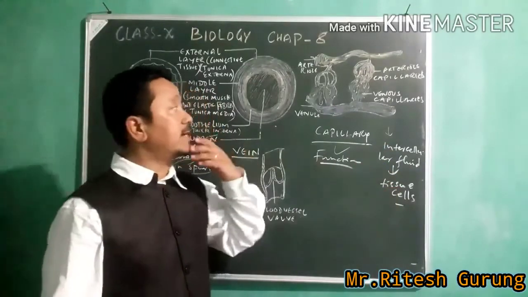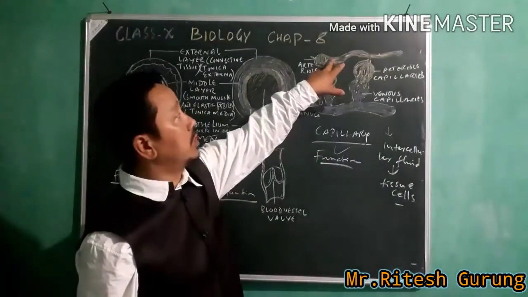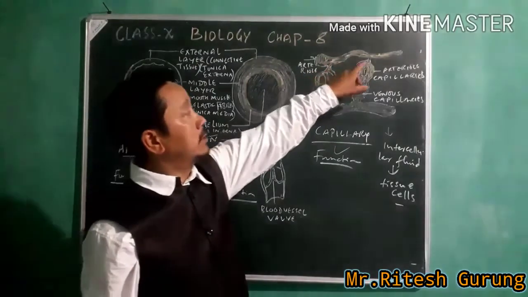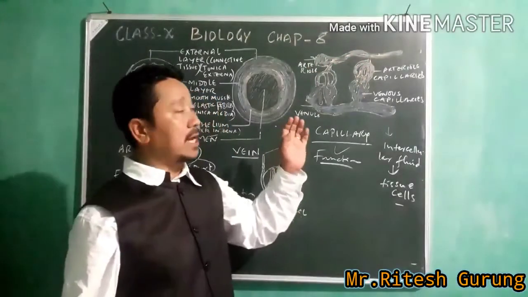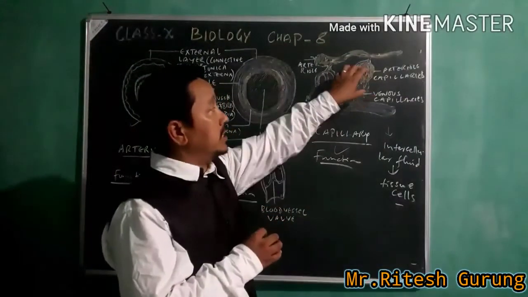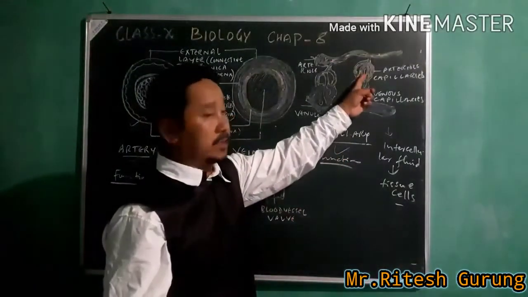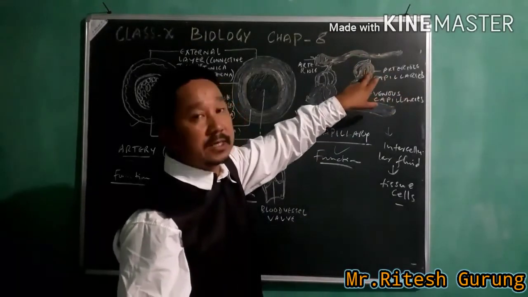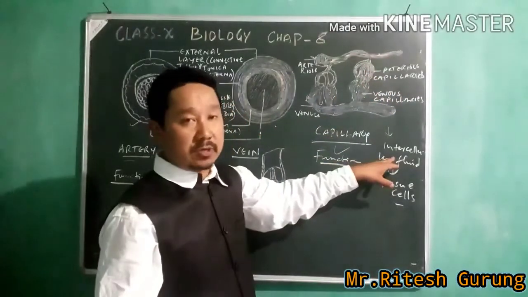What happens is that once the oxygenated blood flows through here, this is your arterial region, then when it goes through this capillary, oxygen diffuses out from this capillary and goes into the intercellular fluid.